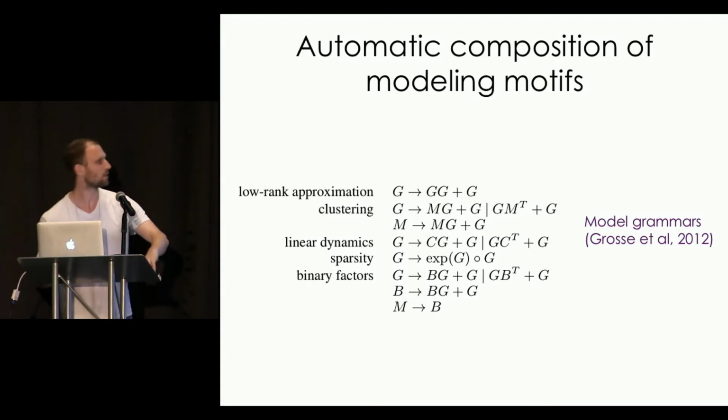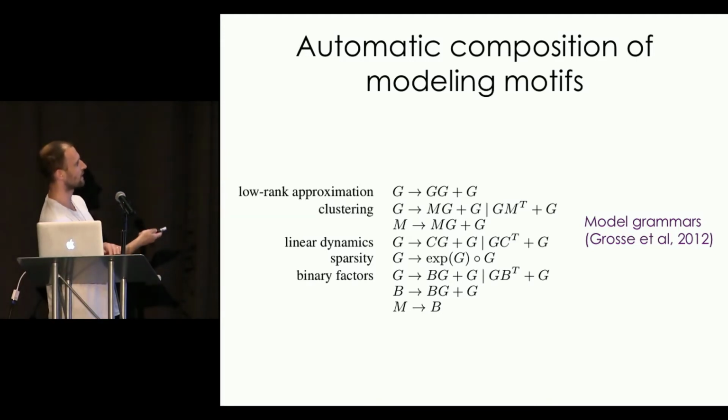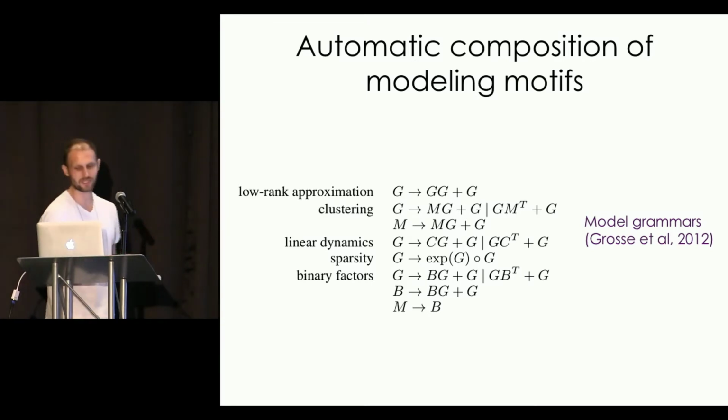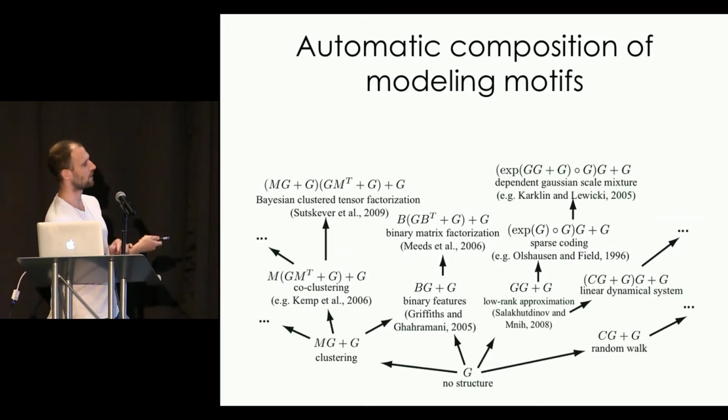For example, we can derive things like low-rank approximations, clustering, linear dynamics, sparsity, binary factor analysis, basically by just taking some basic operations and composing them together. So in Roger Grosse's work, you can traverse this tree to recover well-known models that have been studied in the literature.